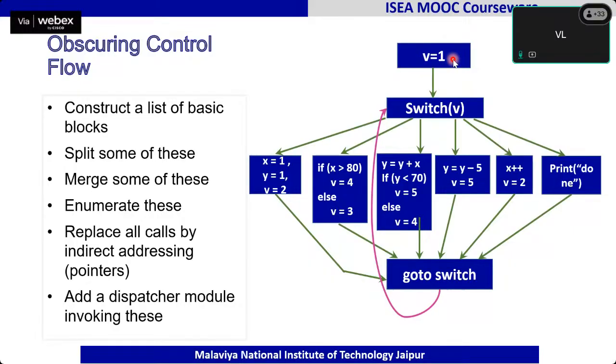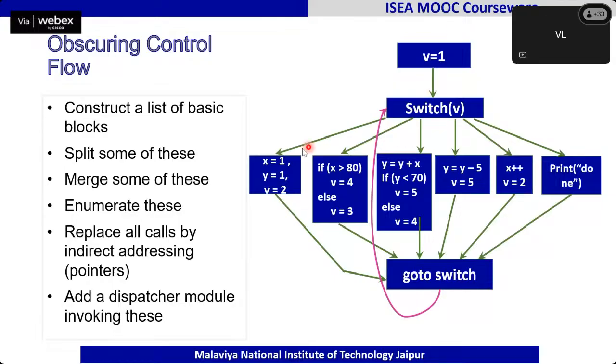Initially, the state variable equals 1. And then depending upon this state, what is the next set of instructions to be executed? State equal to 1, it can go to this, this, this, this, this, or this.